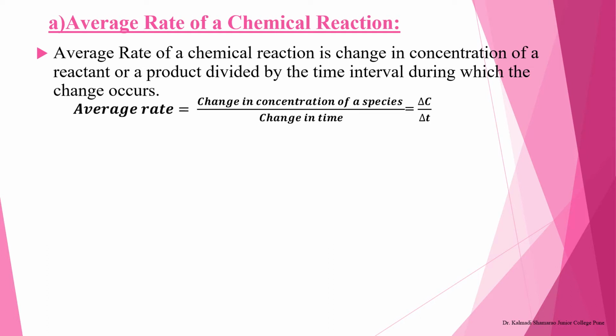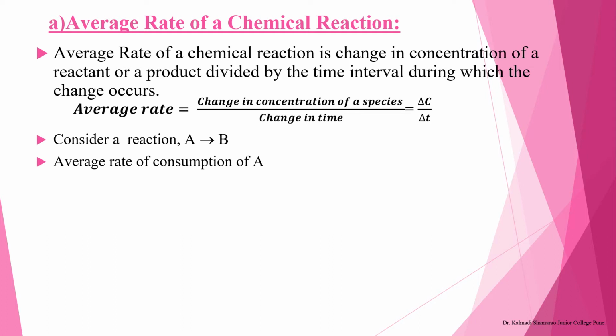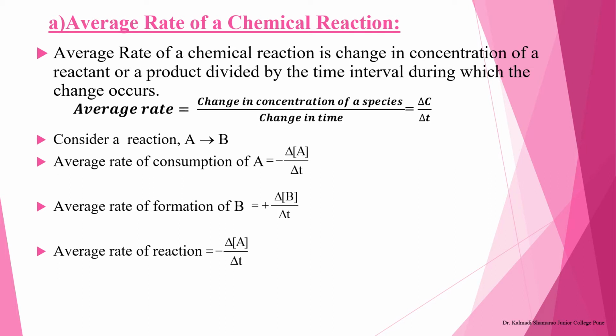Let us consider a reaction A gives B. Average rate of consumption of A is given as minus delta A upon delta T, and average rate of formation of B is given as plus delta B by delta T. Average rate of reaction is given as minus delta A upon delta T, which is equal to plus delta B by delta T. The unit of rate is given as mole per decimeter cube per second.